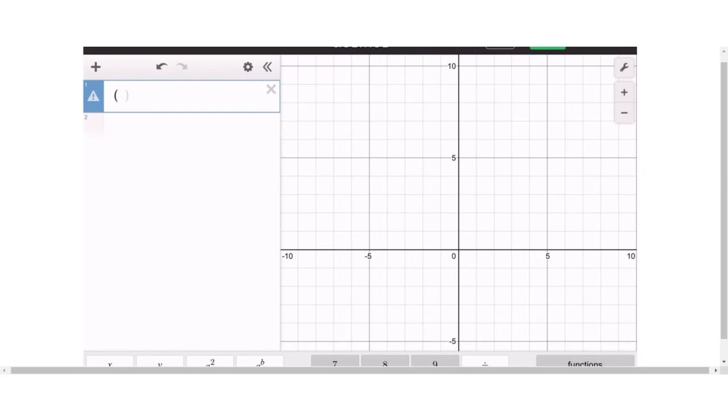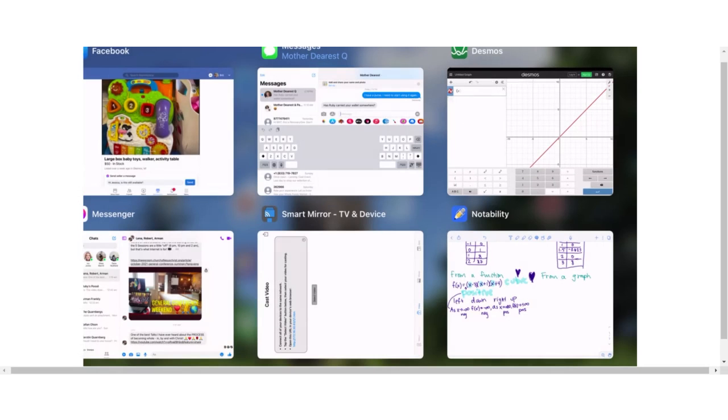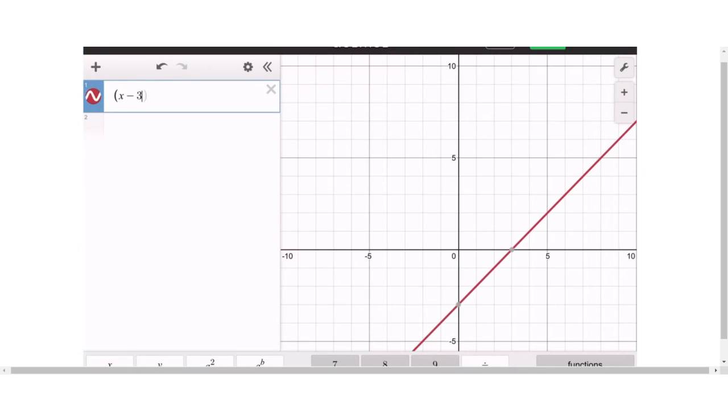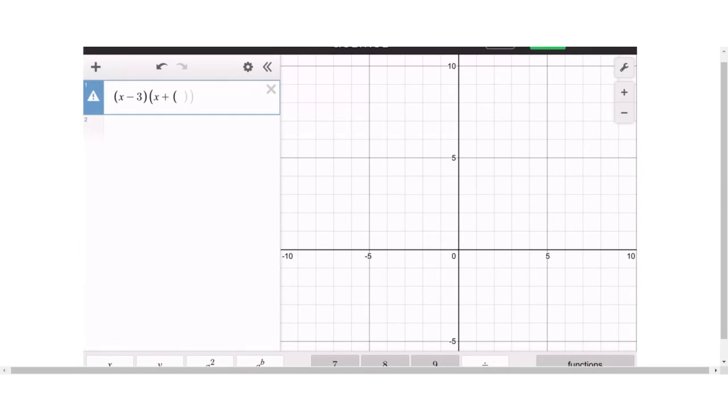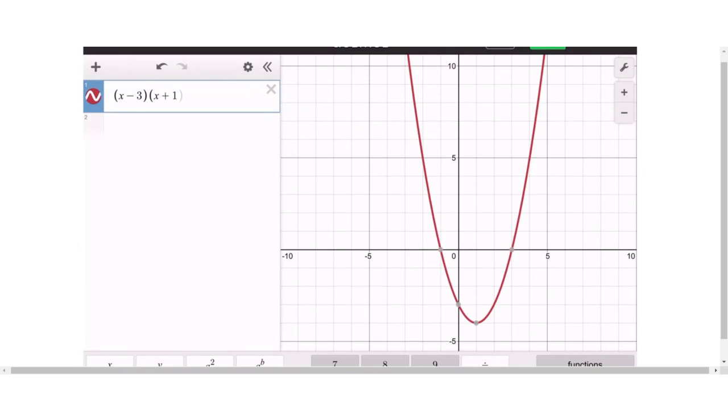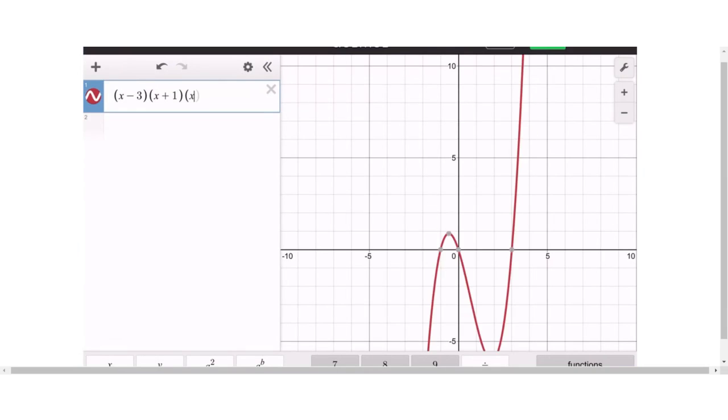So we had parentheses, x, let me make sure what it was, subtract 3. Yep. Okay. x subtract 3, x plus 1 and x plus 4.